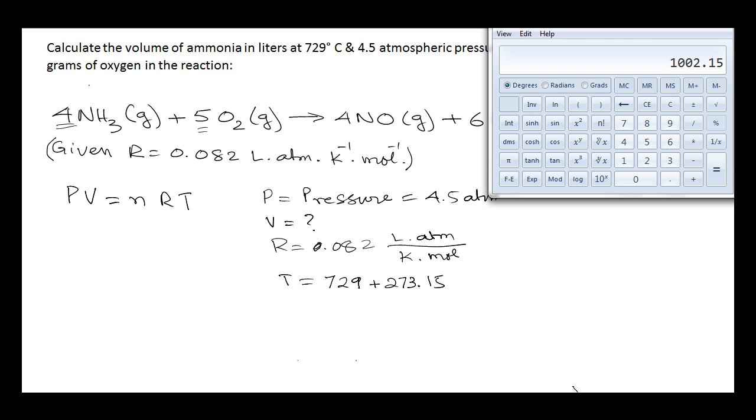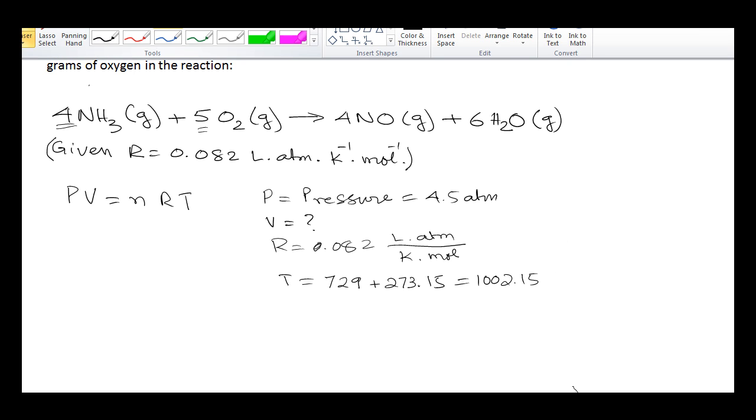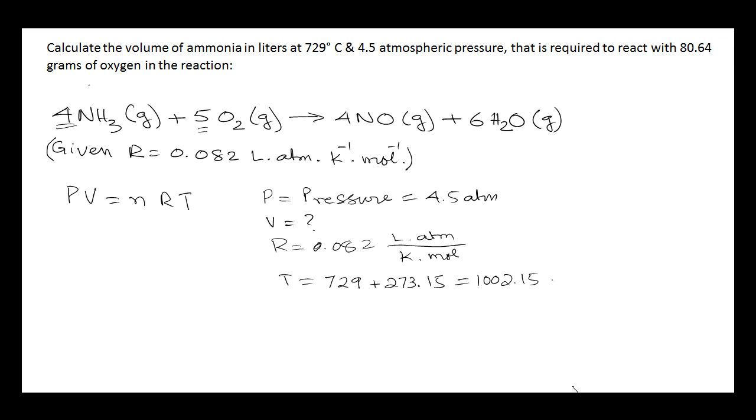Let me get that value, which is 729 plus 273.15, and that is equal to 1002.15. So that is equal to 1002.15, and this is not degrees, that's really in Kelvin. So let me remove that, and then it is the temperature in Kelvin, right? So we have that value.